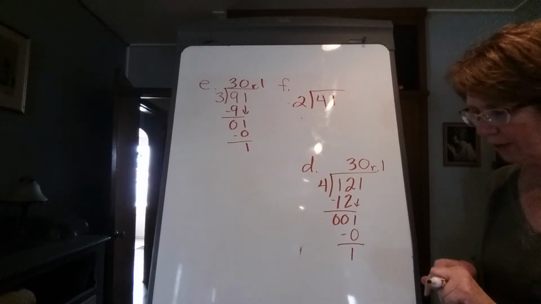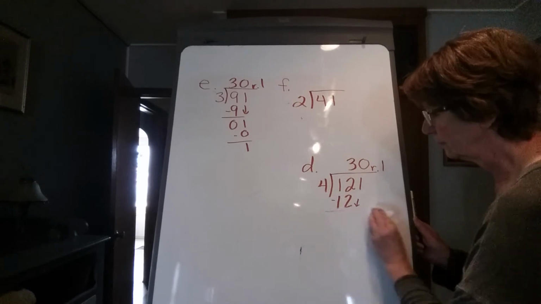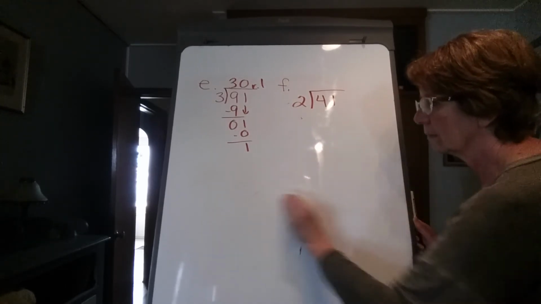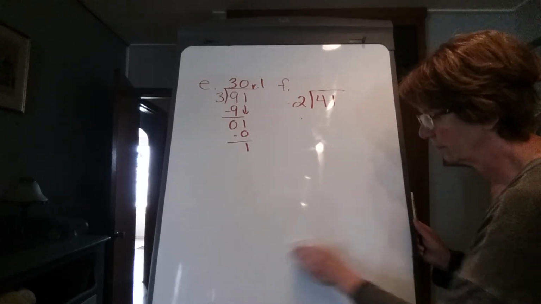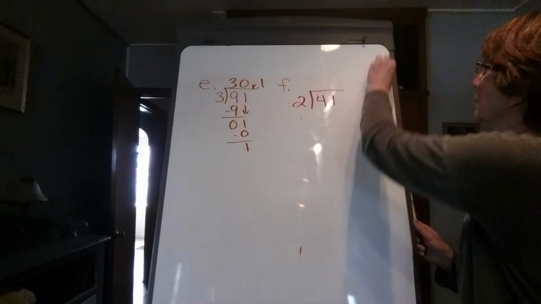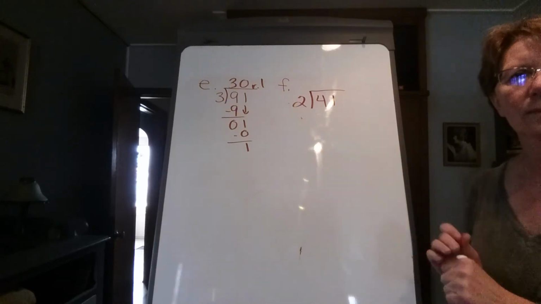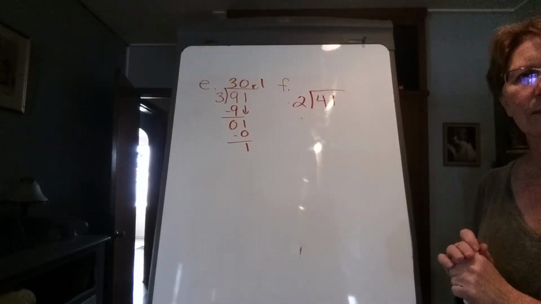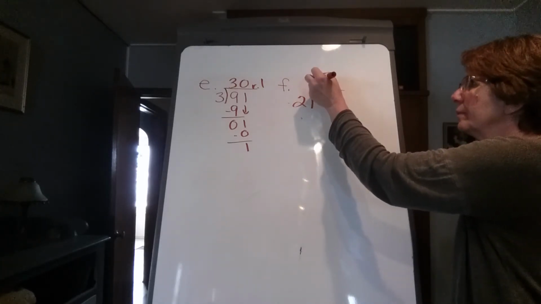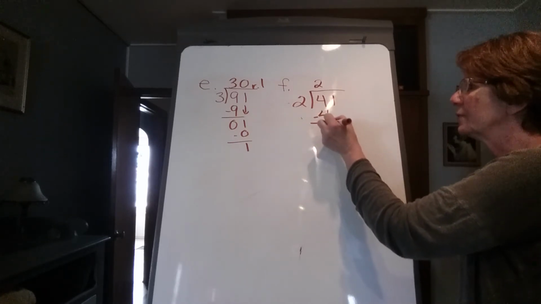Go ahead and solve F while I erase D. Okay, 2 goes into 4 2 times. 2 times 2 is 4. 4 minus 4 is 0.